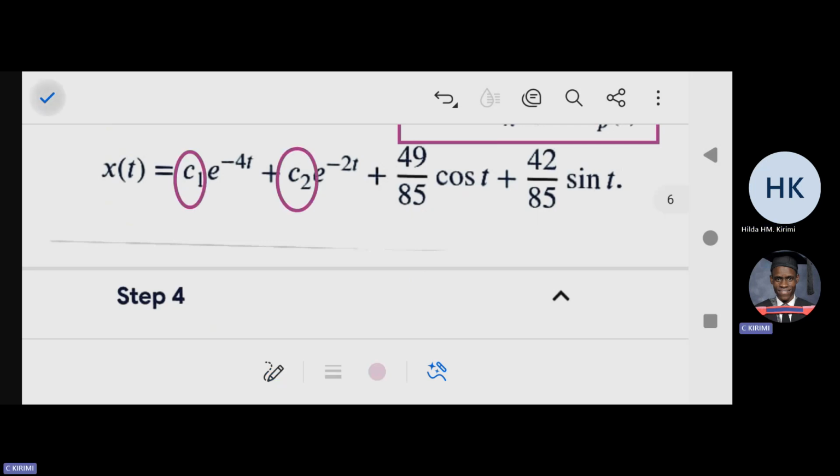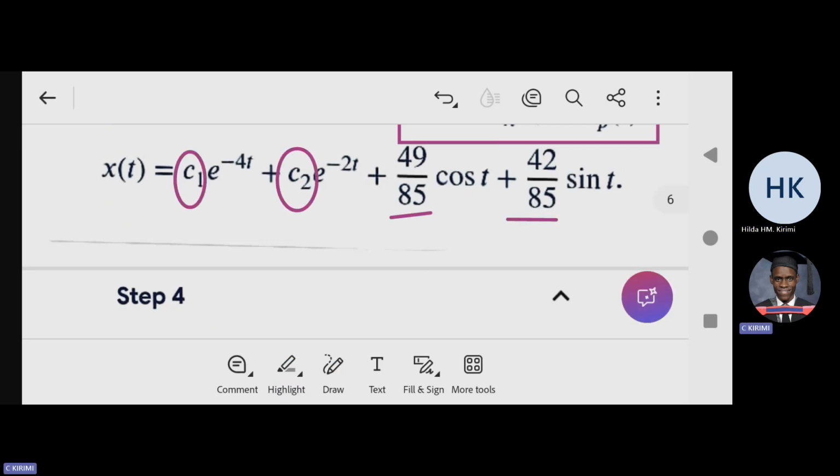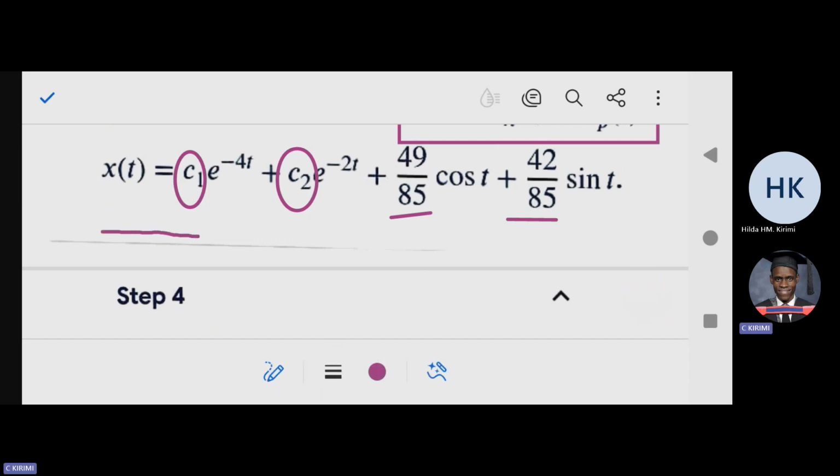Then from here, we are going to use the initial value conditions that we obtain. The particle is at equilibrium, the displacement is 0, and the particle is at rest, so the velocity is 0. If the velocity is 0, you differentiate this whole expression and equate it to 0.